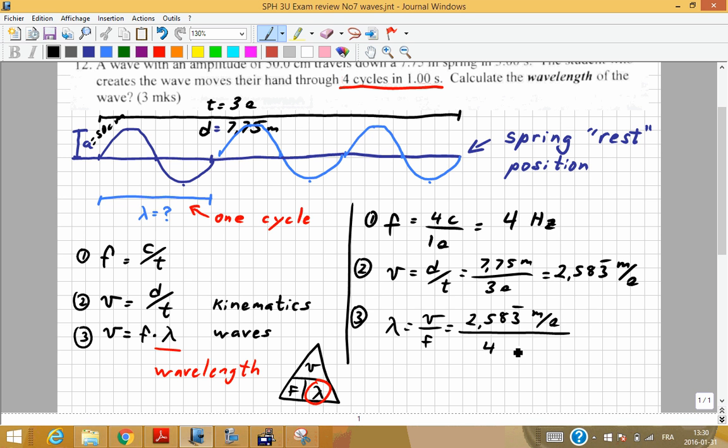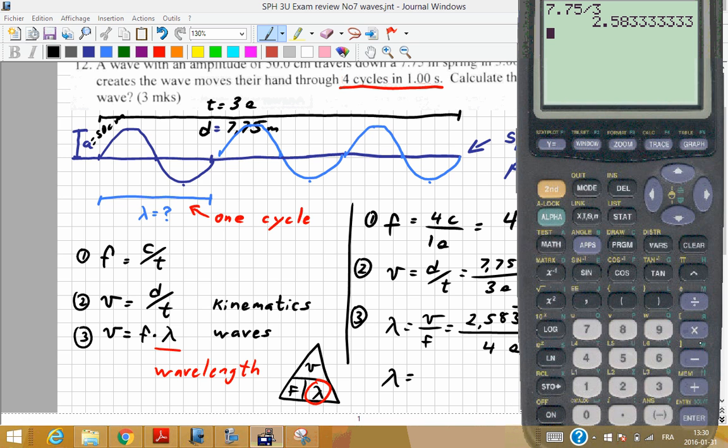And hertz, if you want to put it in international unit, it's seconds to the power of -1. And when we want to find the final answer, we'll divide by 4. Previous answer divided by 4. That's 0.6458.